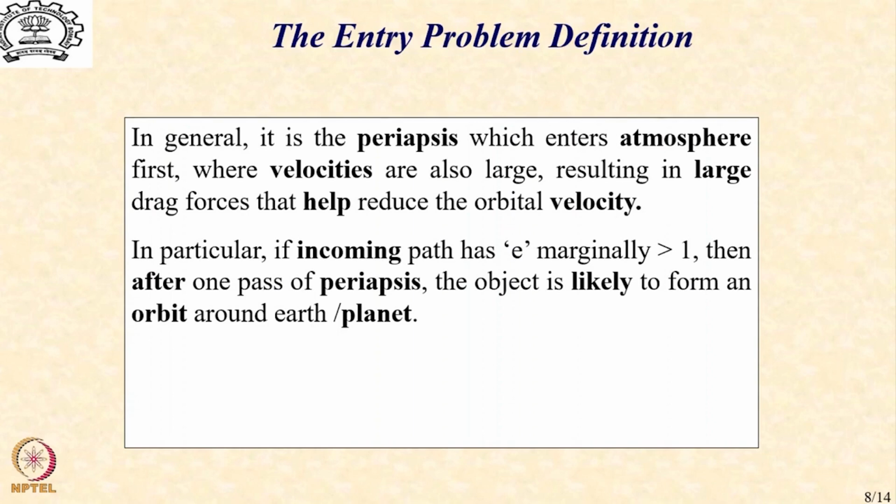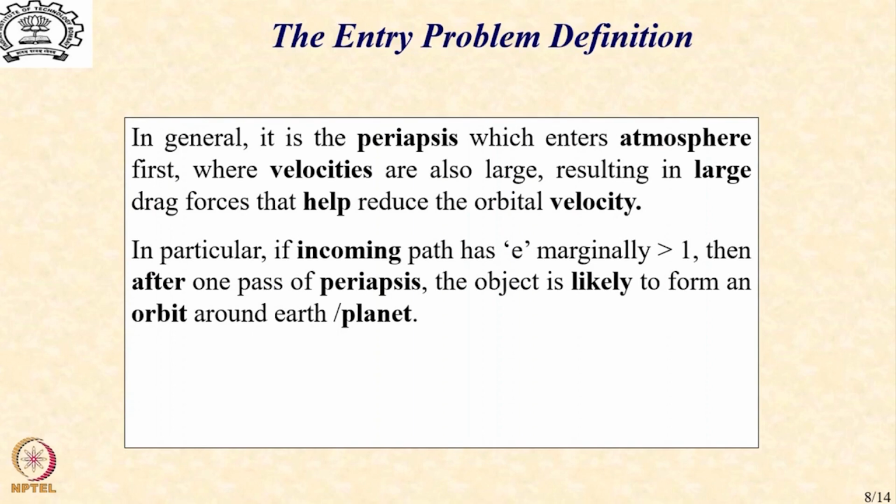Here, let me make a mention of this parameter E or eccentricity, which is an important parameter that defines the nature of the orbit, of which you will learn more when you go through a course on orbital mechanics, which I presume either you may have gone through or you might want to go through after this.